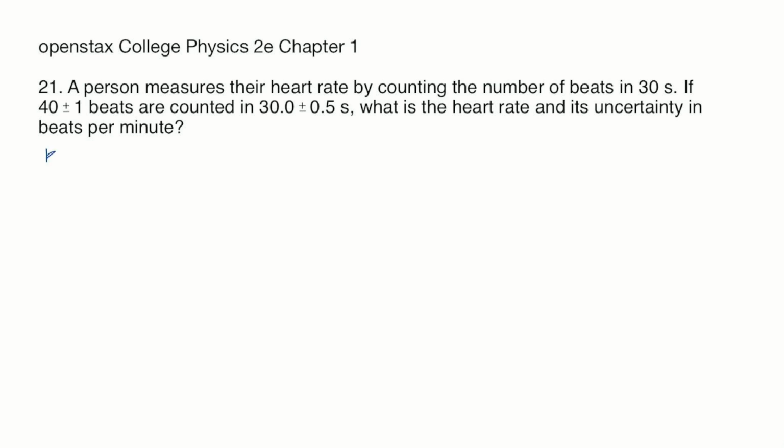Let's write down what we know. Okay, so they counted 40 plus or minus 1 beats. So let's say B is the 40 beats, and then the uncertainty in the number of beats, script D times B, is 1 beat.